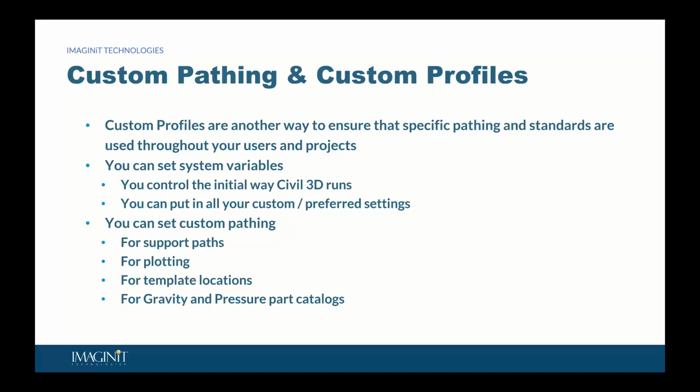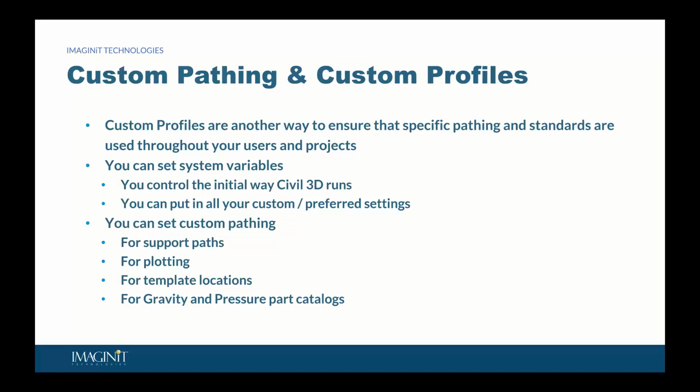You can also set up your custom pathing. So you have support paths for anything that you use, your trusted locations. If you have third-party applications like Lisp or other things, you can set your plotting to be exactly the way you want it, i.e. you can set up your plotting to always default to a specific area for your CTB and STBs. You can set up your template locations.